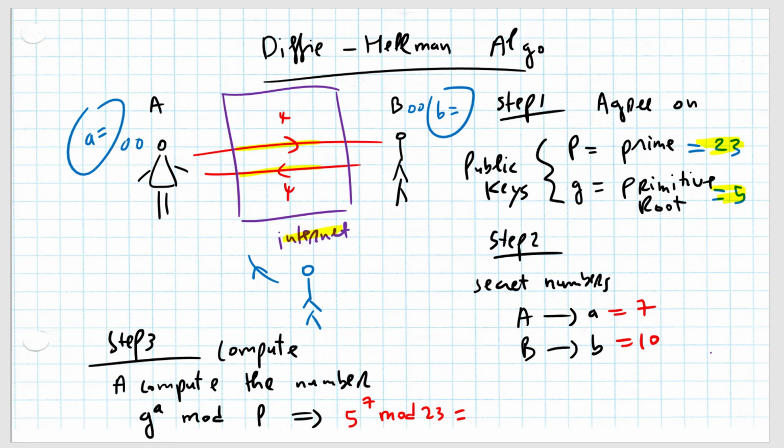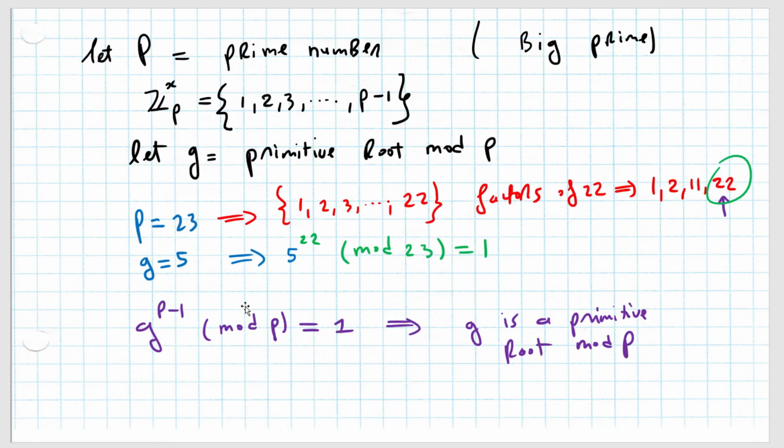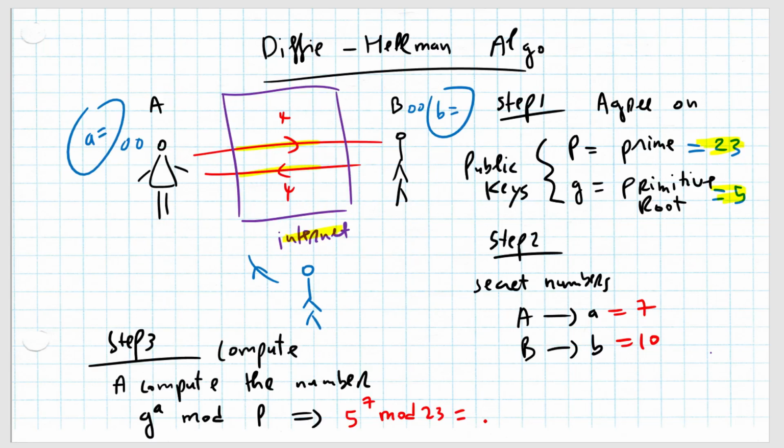And what is 5 to the power 7? We didn't compute this, but I'm just going to give you the answer so I don't waste your time. I think you know how to find this number, right? You can do 5 squared, 5 squared, 5 squared, and then 5. We know 5 squared is 2. So it'll be 2 times 5, so like 8 times 5, right? So how much is this?